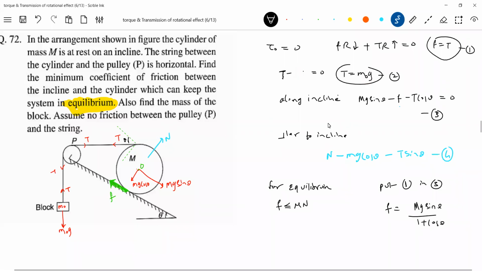For the block here, the tension, this m naught is unknown, no? So T equal to m naught g. And then how to eliminate tension? So again, I'll substitute back F there. I'll get an expression for T. Sorry, I need an expression for N. For that, I need an expression for T here.